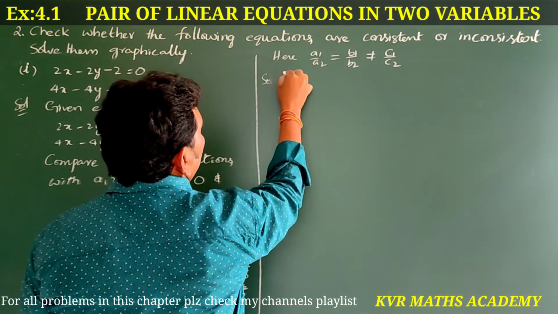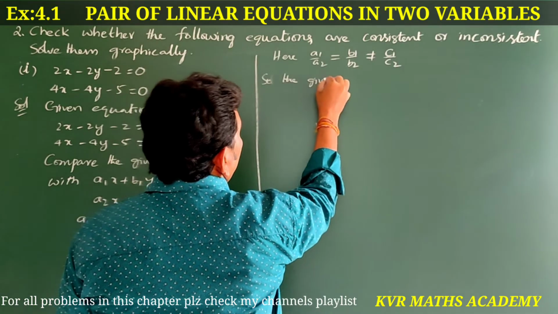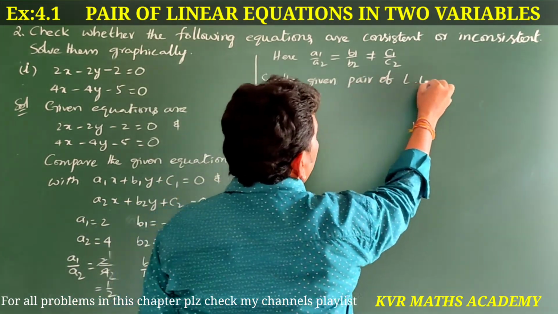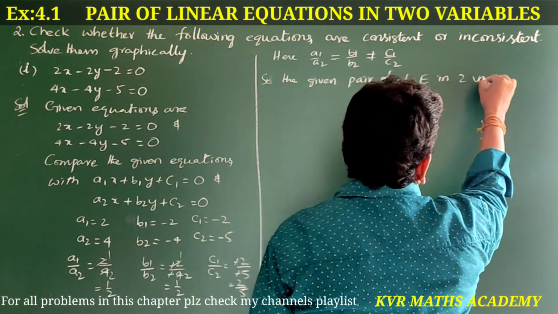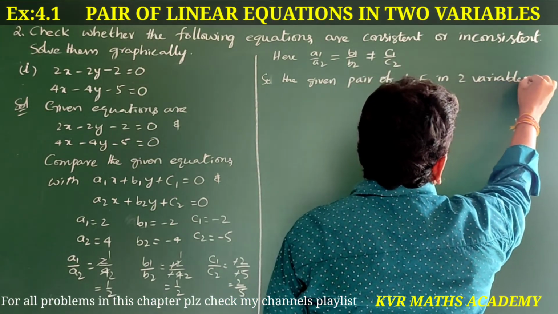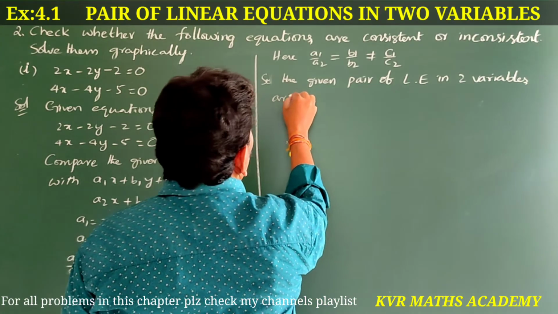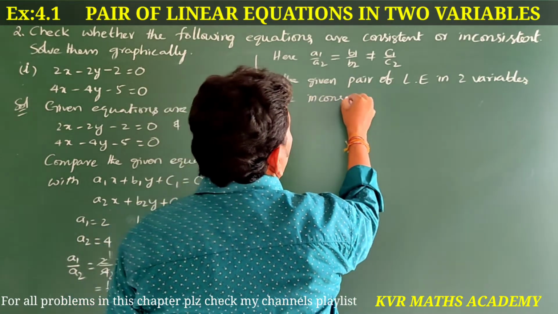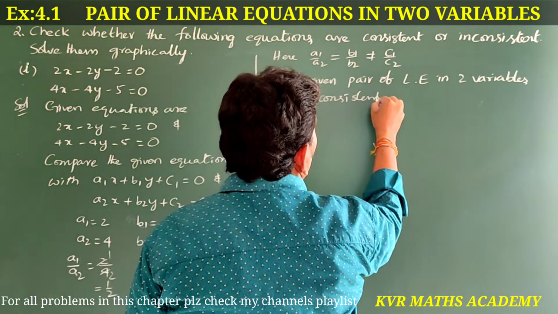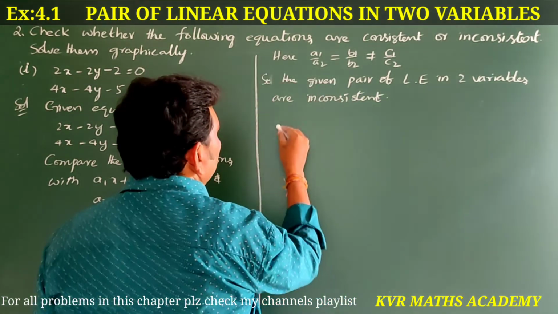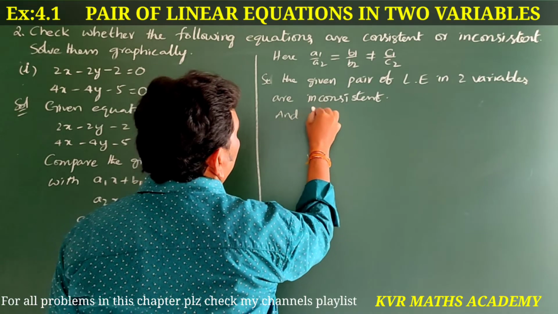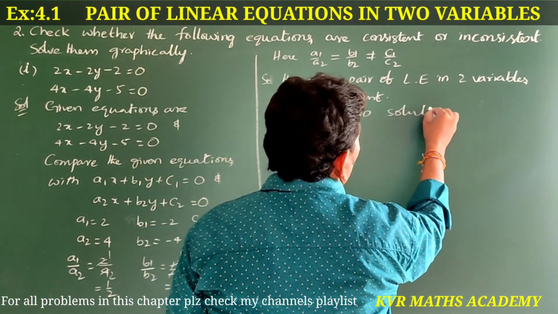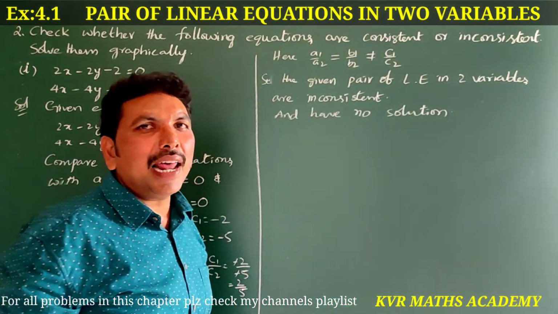So the given pair of linear equations in two variables are inconsistent and have no solution. No solution means parallel lines.